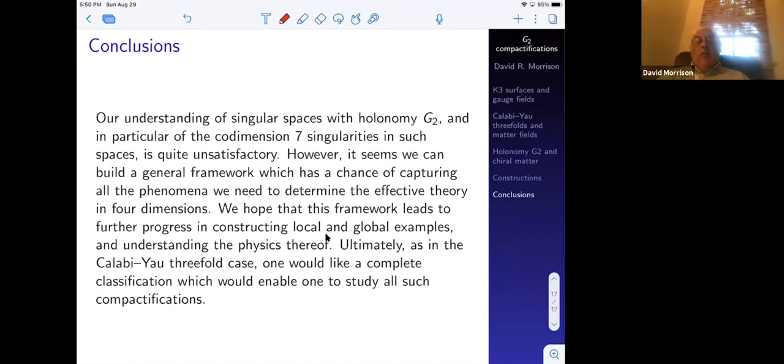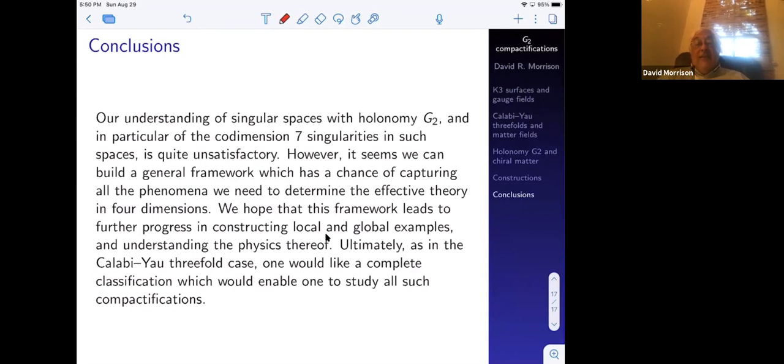So when I mentioned that Witten managed to calculate the chirality in certain codimension 7 examples, that was part of that thing that was going on. There were a number of examples constructed, a number of calculations that were made. They tended to be local rather than global, and we didn't have techniques for assembling those local constructions into global examples at that time. We have better techniques now, but they haven't really been carried out yet.